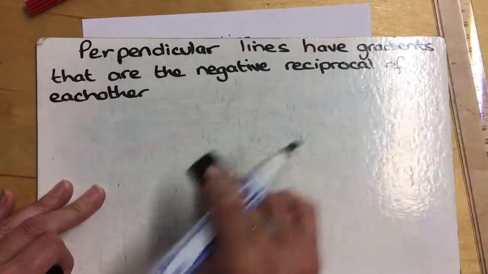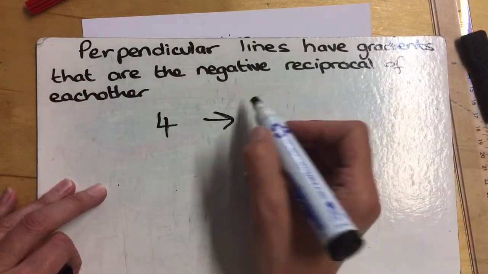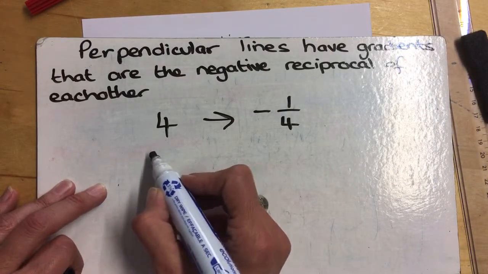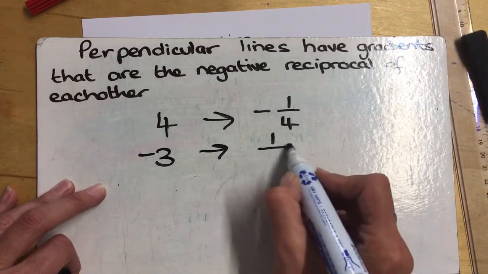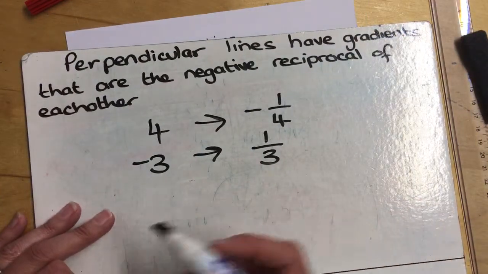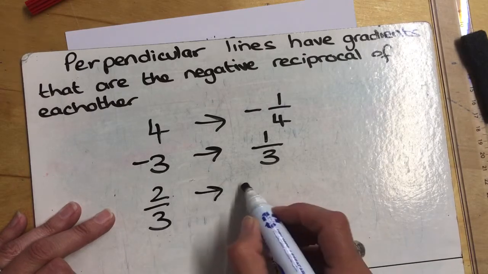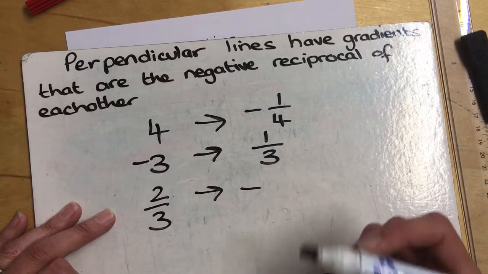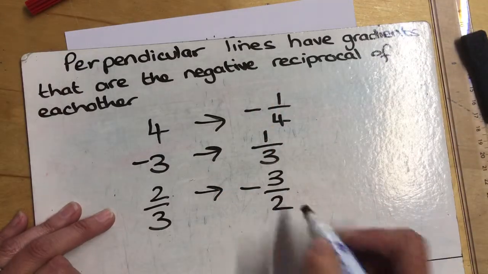So for instance, if one of the gradients is 4, then the negative reciprocal of that is minus 1 over 4. If we take the gradient minus 3, then we need the negative of that, which is positive, but it needs to be 1 over 3. And if we start with a fraction, for instance if the gradient is 2/3, we need the negative of that, and we need to do 1 divided by it, which means that it just flips upside down.